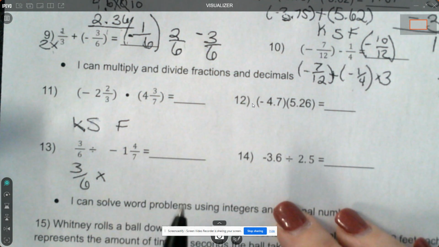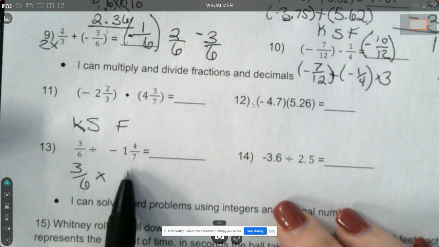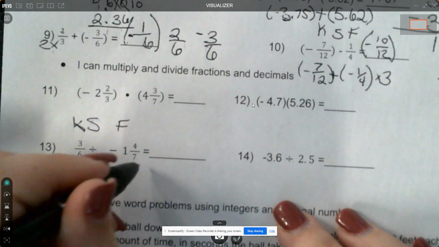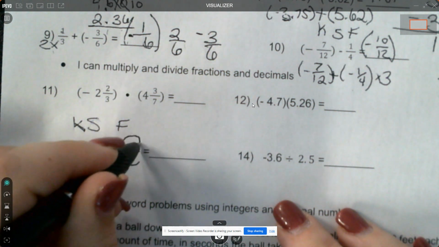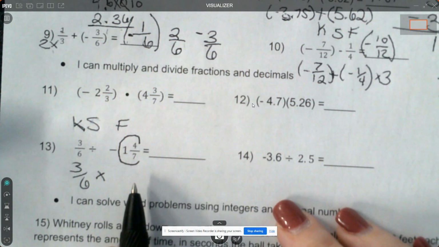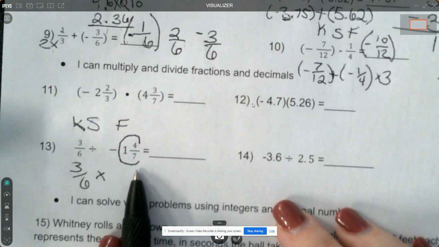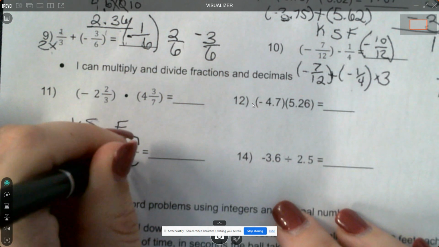Now, I can't flip it because I have a whole number. How can I get rid of the whole number, Madison? The C method. And Contessa, what does the C method mean? What do you do? I put it on the spot. I start at the 7. I'm going to multiply the 7 times 1.